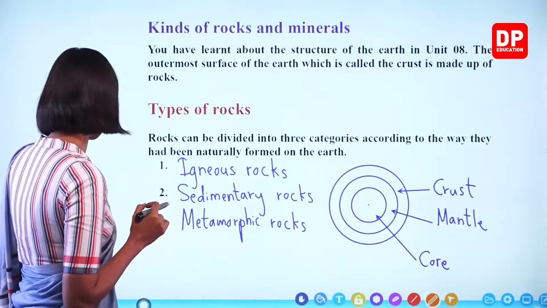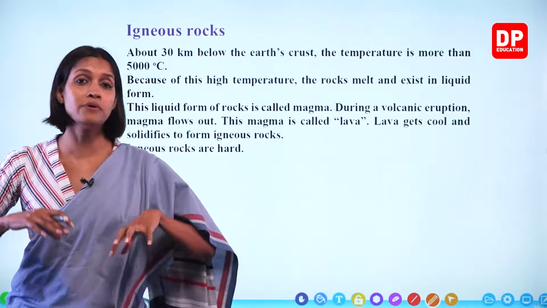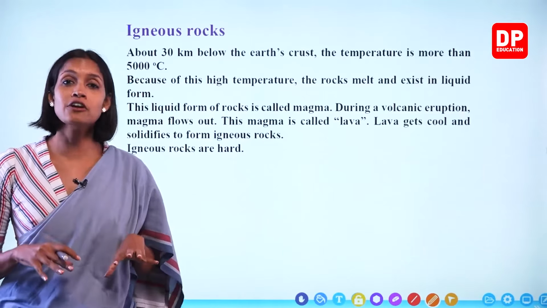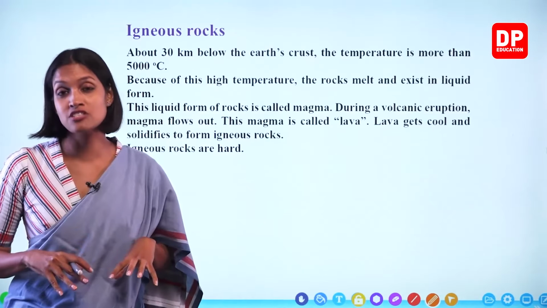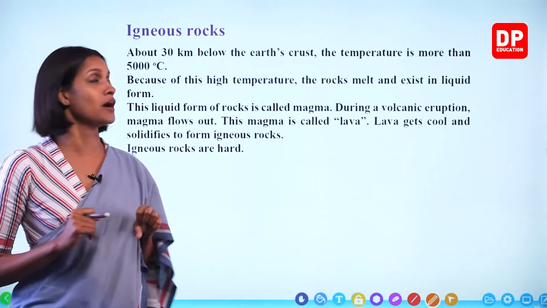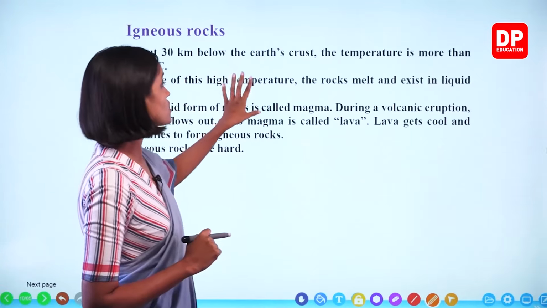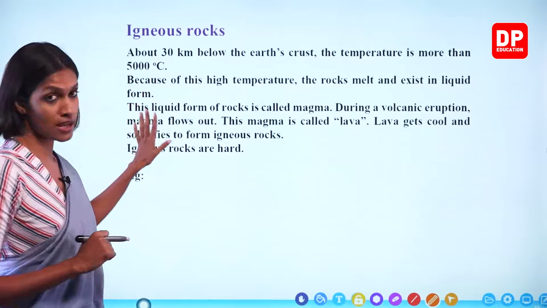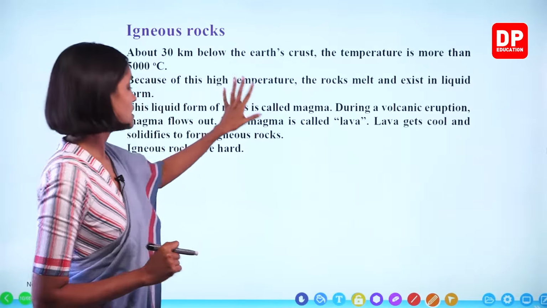At one point, the temperature increases so much that the solid rocks cannot stay as solids. Therefore, they melt because of the high temperature. This molten rock, the liquid form of rocks, is known as magma.